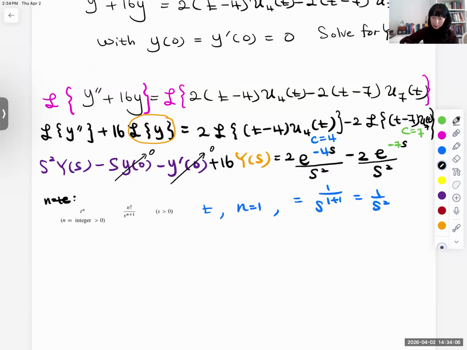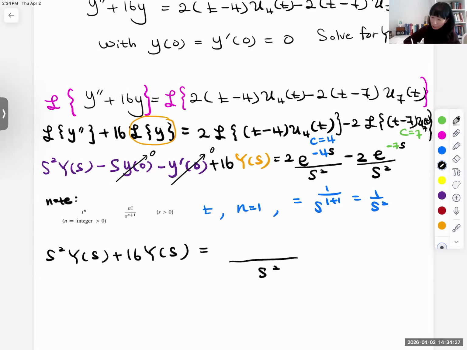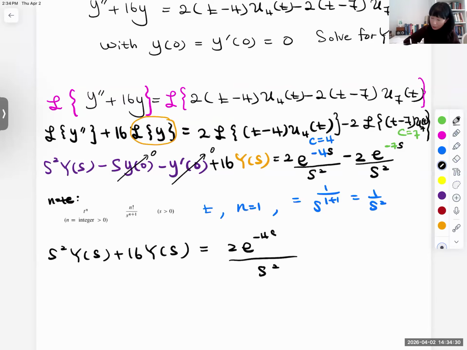So there will be s squared Y of s plus 16 Y of s equal to, with the same denominator s squared, 2e to the negative 4s minus 2e to the negative 7s. Can you see? Good.